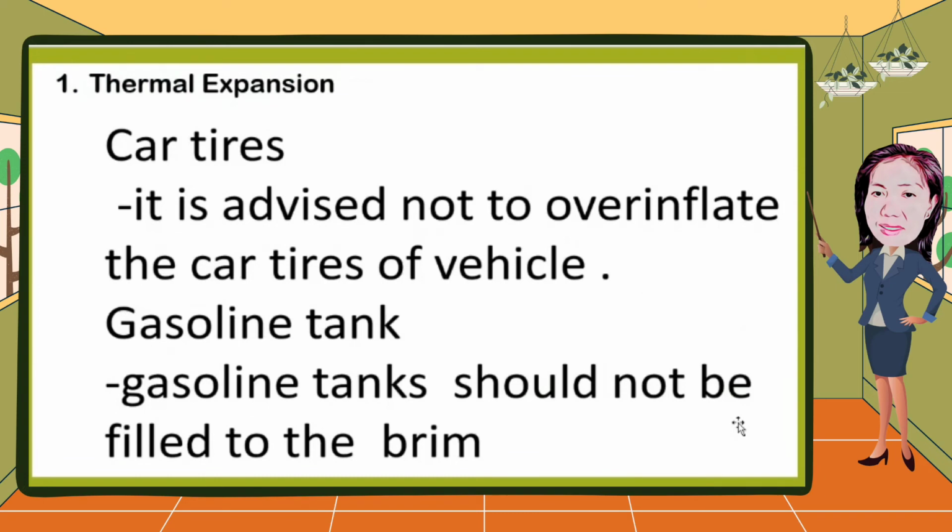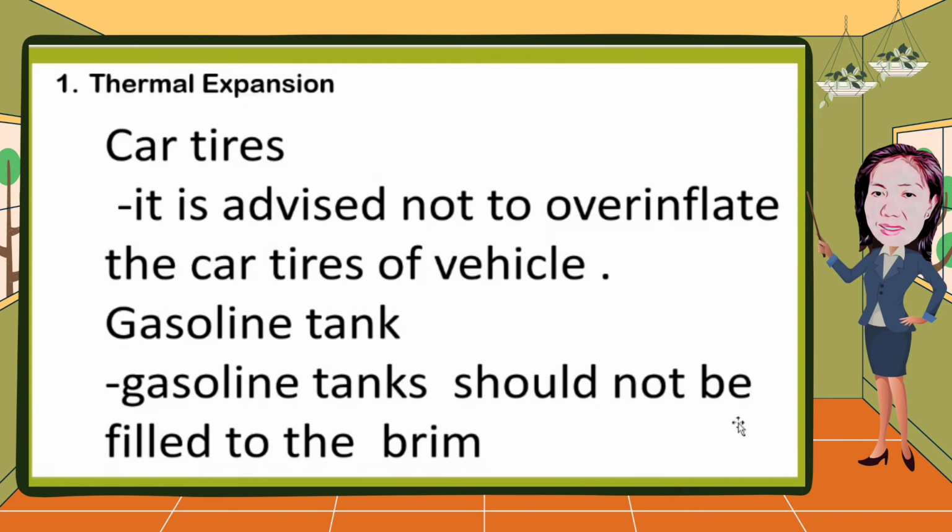Okay, another example of thermal expansion is sa car tires class. It is advised not to overinflate the car tires of vehicle. Why? This is because when the tire is exposed to a very hot temperature, like for example, magtakbo na siya, so maanhan siya, is exposed to a very high temperature, what happened to the gas inside the tire is they will expand.